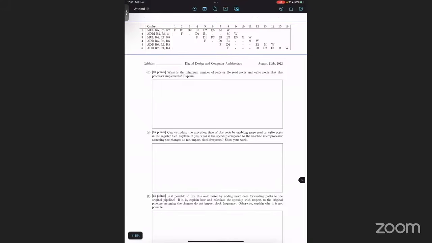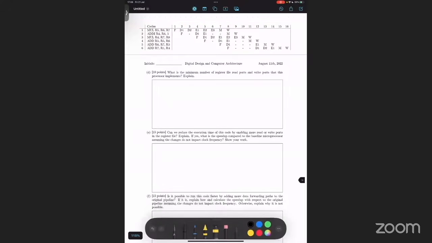As we said in the previous question, if the instruction needs 2 operands and none of those are being forwarded, it will take 2 cycles. So this means that it will have 1 read port at minimum, because it takes 2 cycles to read 2 operands from the register file.